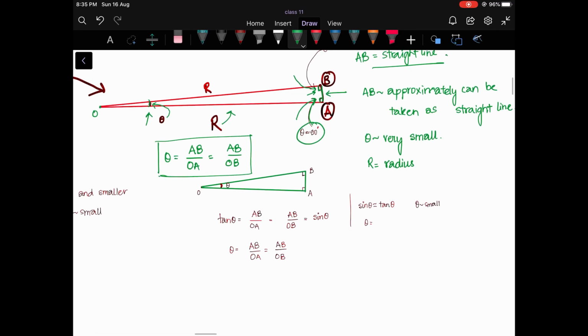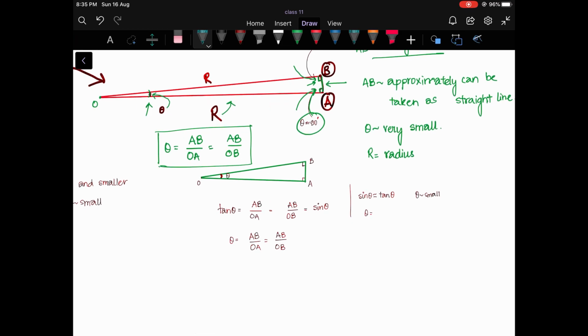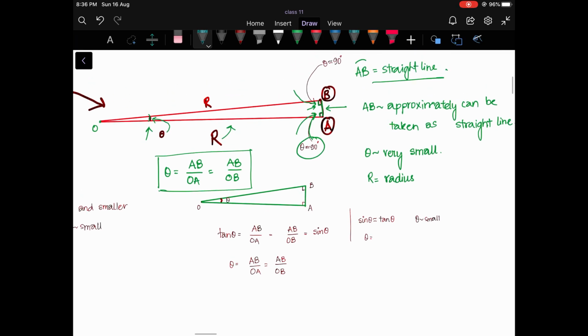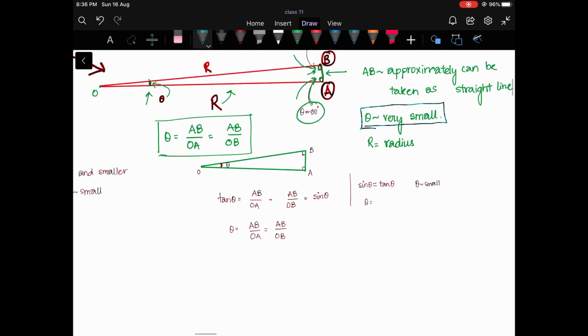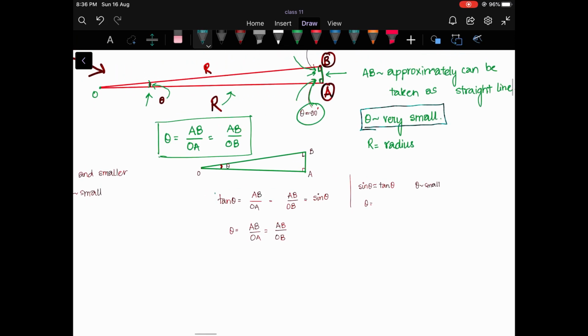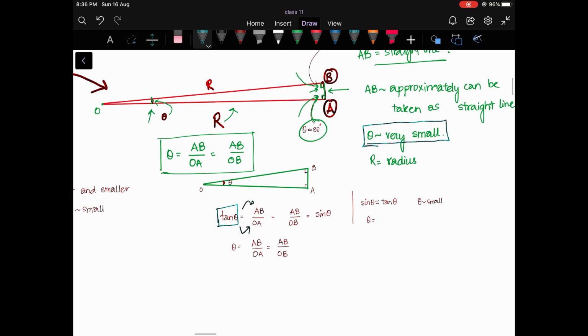Now with this, if this triangle is seen as a right angle triangle, such that your theta is very small, I can take tan theta, which is simply the ratio of perpendicular by base. Here AB is the perpendicular, as you can see. The side opposite to the angle is the perpendicular.